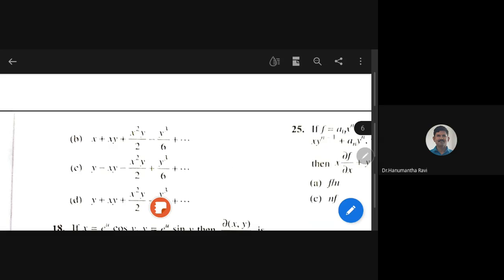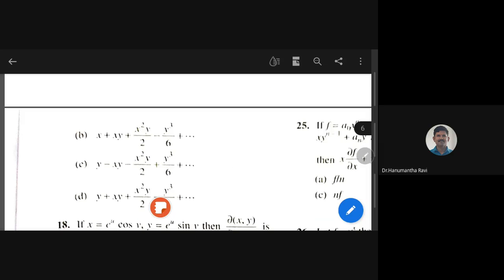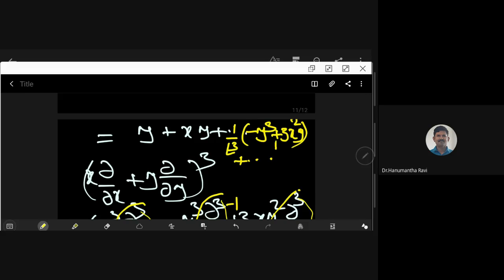So now the correct answer, we can further simplify this: y plus xy plus 2 into x square y.